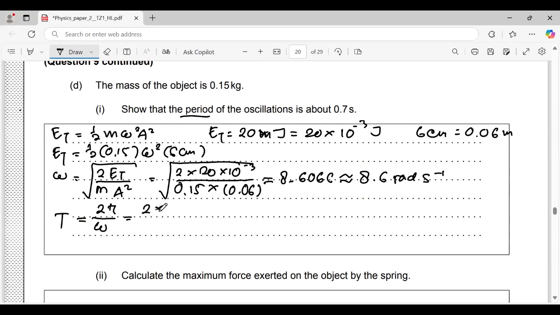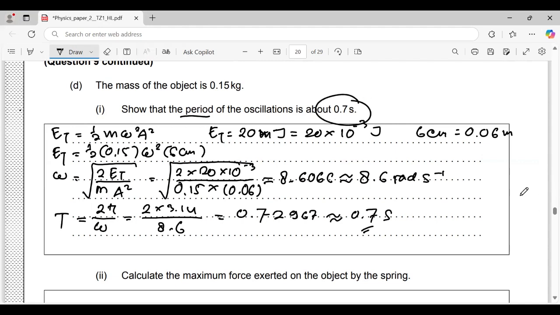It means 2 times 3.14 over 8.6. And the result is 0.72967, rounded to 0.7 seconds. So, proven.